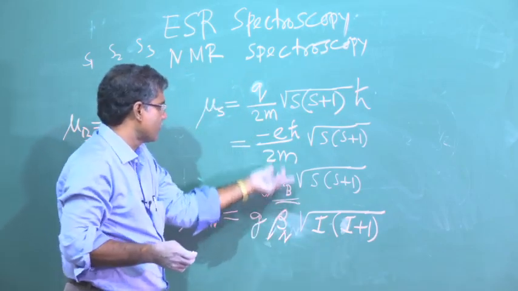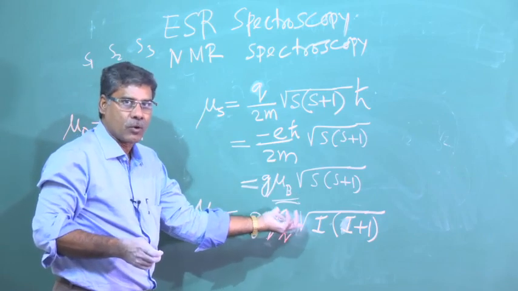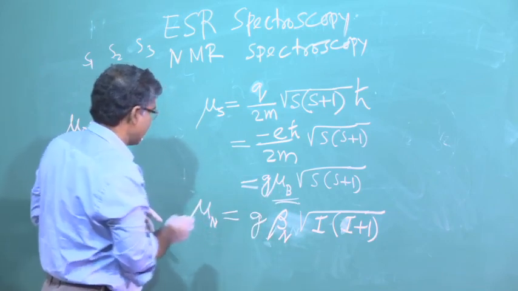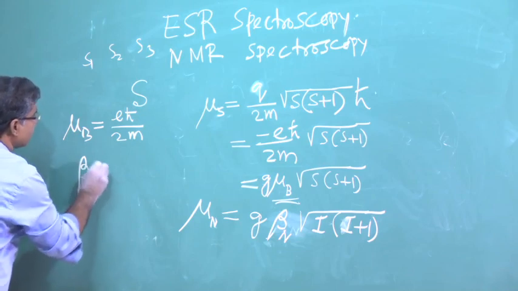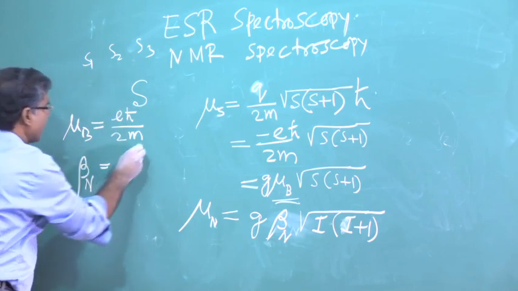It is similar to mu B, the Bohr magneton. It is not the Bohr magneton, but from this similarity, beta n is basically E H cross.